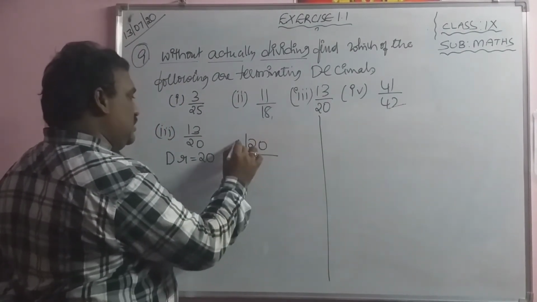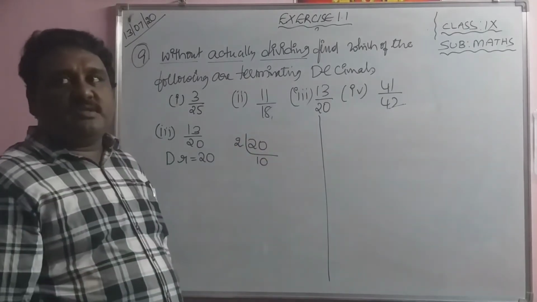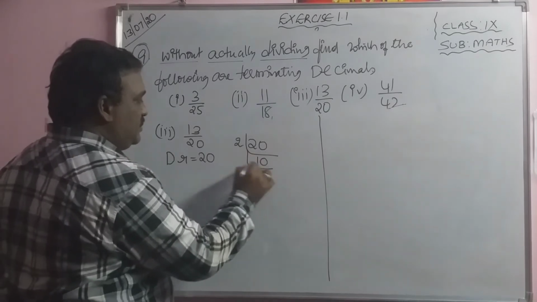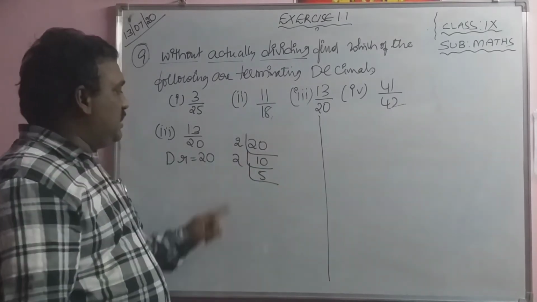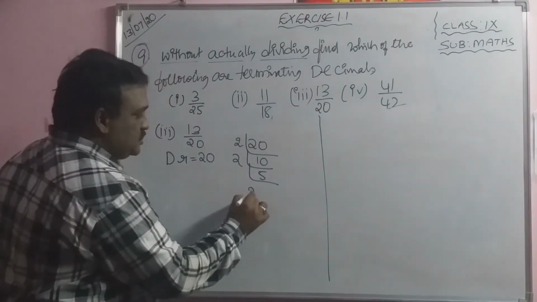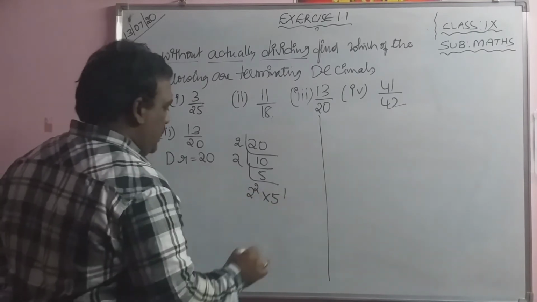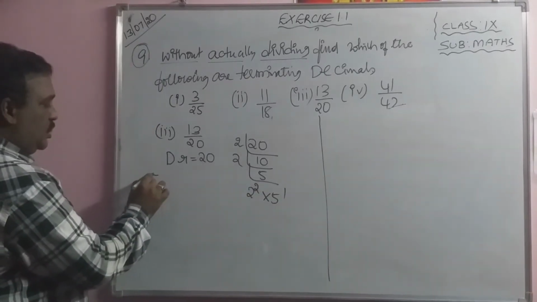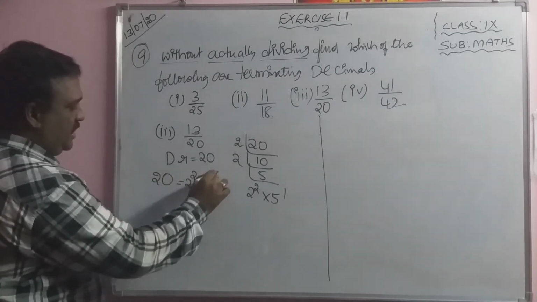Write down neatly. 2 table how many times? 10 times. Then 2 table how many times? 5 times. What we get? 2 square into 5 power 1. So 20 equal to 2 square into 5 power 1.